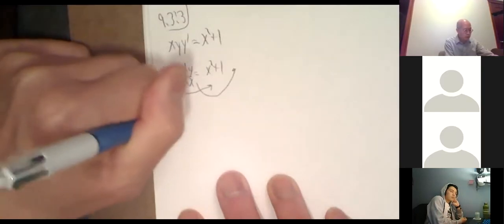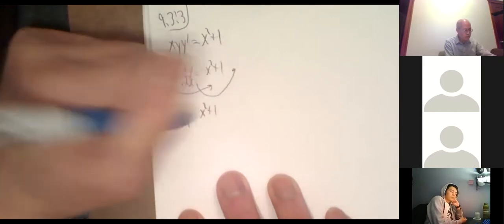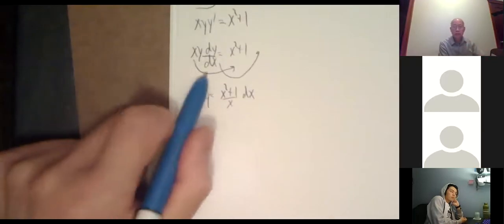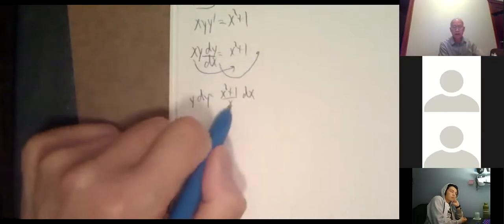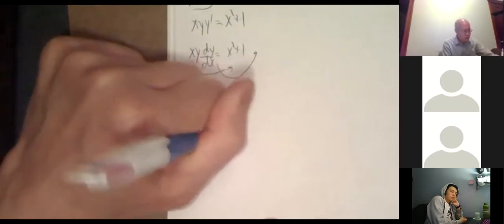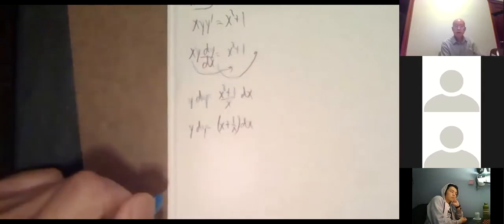So the x comes down here, the dx goes there. So I have y dy equals (x squared plus 1) over x dx, right? Multiply by dx, it's over there. Divide by x, it's over there. Okay. So y dy equals (x plus 1 over x) dx.